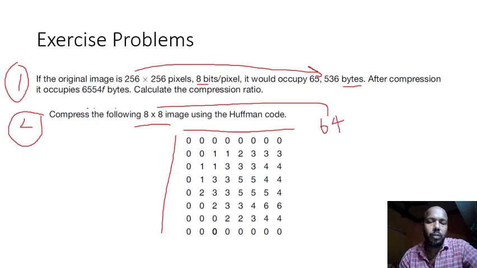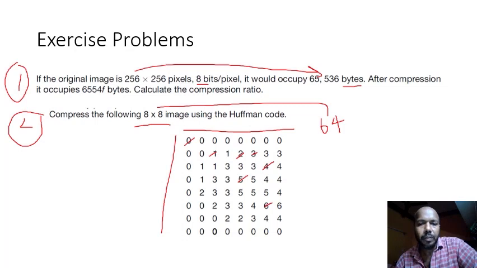Then the task here is to calculate the probability of these pixels. The pixel range here is 0, 1, 2, 3, 4, 5, and 6. So totally 7 symbols, from 0 to 6.